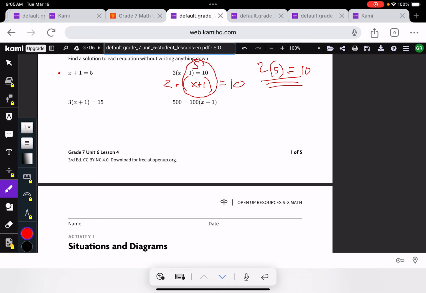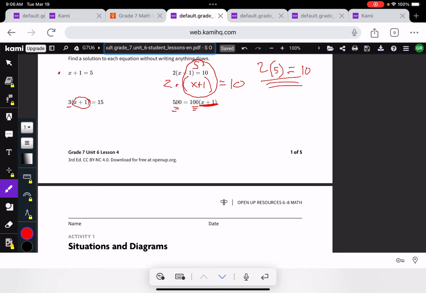So the next two are the same way. It's kind of like saying 3 times something equals 15. Well, we know that something is 5, so what must X be? And here they just reverse the order and put the equal amount on one side, and then it's over here. So 100 times what equals 500?